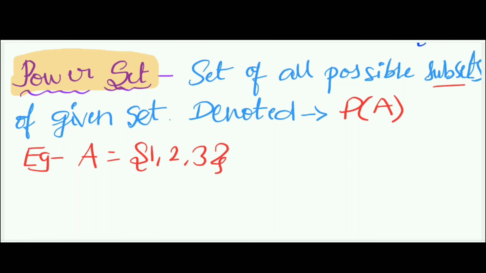Subsets, I just discussed what they are: every element of A should be there in the B set. So for that, all the possible subsets of the set we are going to write.